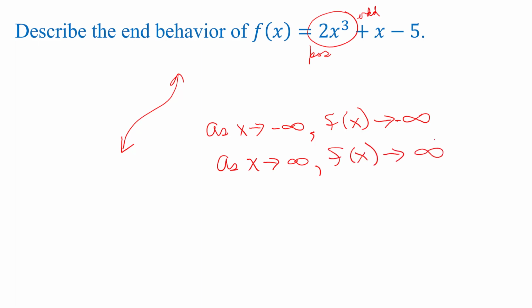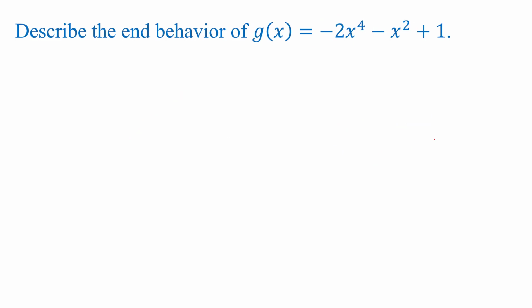Okay, let's look at another example. Here we're looking for the end behavior of g of x equals negative 2x to the fourth minus x squared plus 1. The leading term is negative 2x to the fourth. The 4 is even. The coefficient of negative 2 is negative. So our end behavior will be like that of y equals negative x squared.